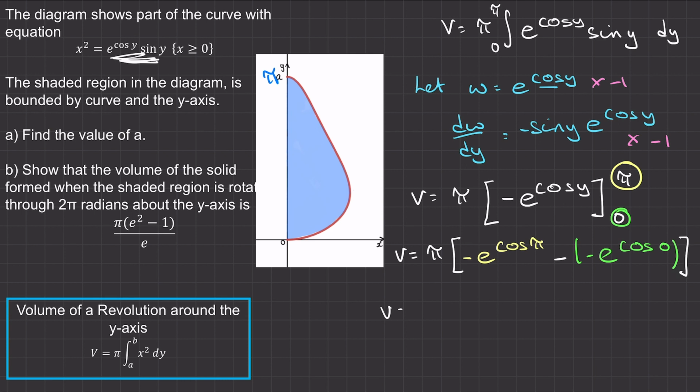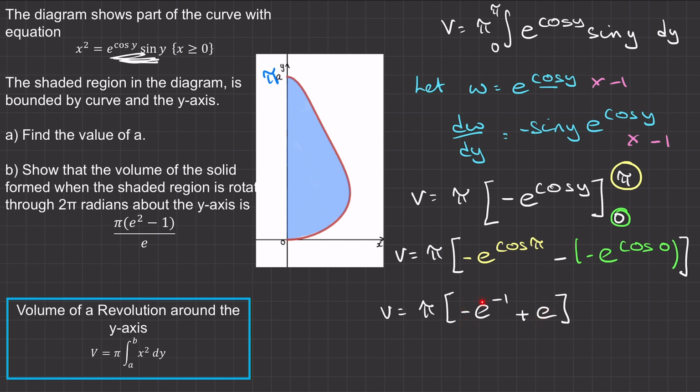So the volume will be equal to pi multiplied by, well, because cos pi is -1, then this becomes -e to the -1. And then this negative and this negative make a positive. And because cos 0 is 1, so that just becomes plus e.